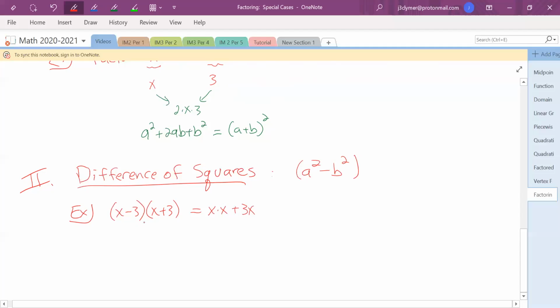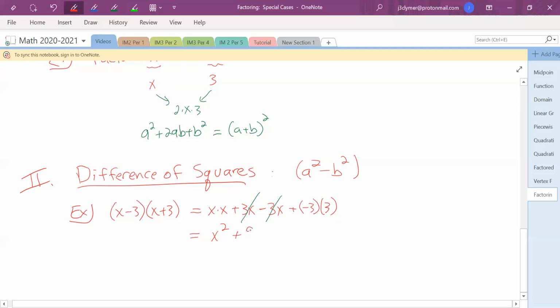You get the inner terms, minus 3 times x. And you get the last terms, negative 3 times positive 3. Multiplying it out, we get x squared. Now we get 3x minus 3x, and notice these two cancel each other out. And then we get negative 3 times positive 3, which is negative 9.